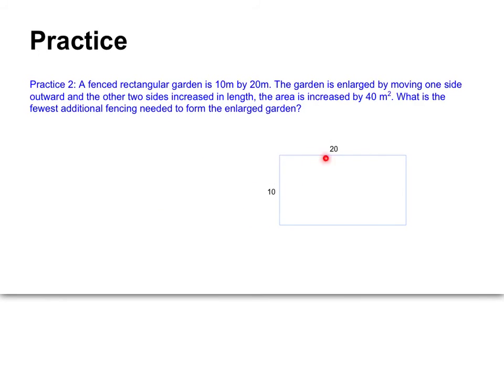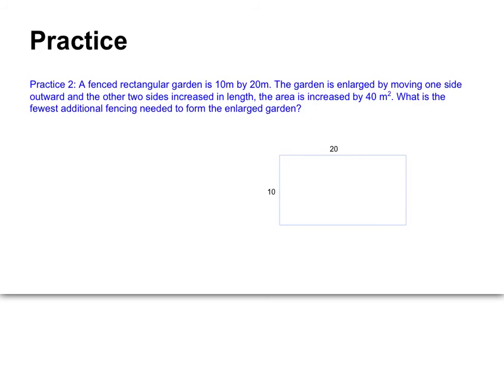So we want to make sure this side looks like it's twice as long as this side, because sometimes if it's drawn up to scale, it will help you to see the answer or to see if the answer is reasonable. Okay, but something that this problem doesn't tell us is which side we're going to move the fence outward. Are we going to move this way or this way? So let's try out both situations.